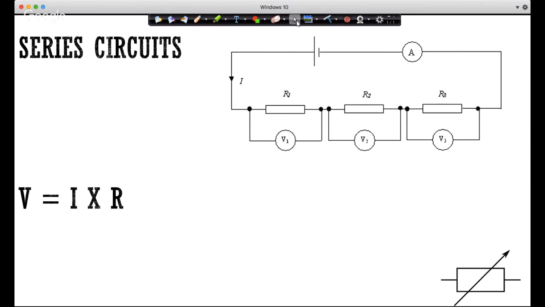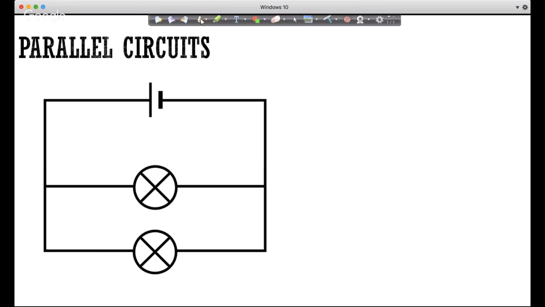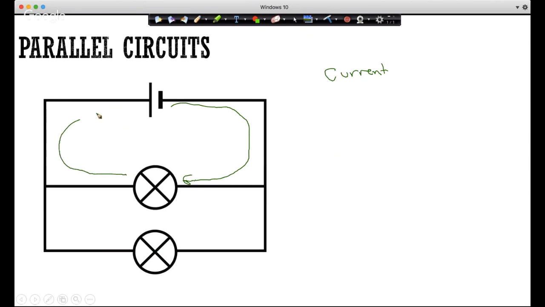Okay, let's have a quick look then at parallel circuits. Now the good news is that this is basically the opposite of series circuits. So if you learn one of them, you've learned the other. In this type of circuit, let's talk about current. We've got 2 paths around this circuit. Path 1 goes that way and back to the battery.